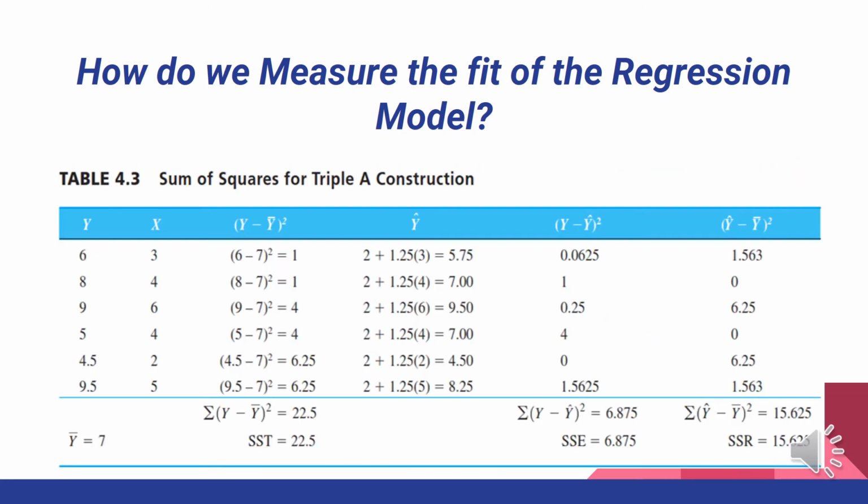Showing to you Table 4.3, sum of squares for AAA construction. As you can see, we have here the average mean of actual sales, which equals 7, the sum of squares total, which equals 22.5, and the sum of squared errors, which equals 6.875.